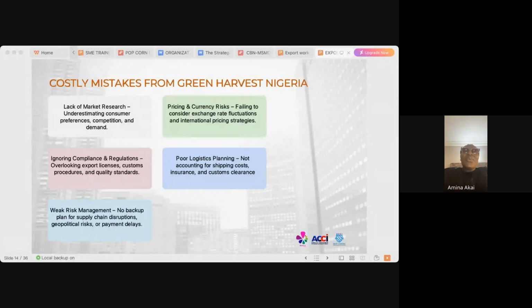He didn't research how he was supposed to harvest the mangoes, how he was supposed to pack them, how he was supposed to transport them, and what kind of airline or air freighting, how he was supposed to pack it up for air freighting. He didn't do all that. So by the time the mangoes got there, some were spoiled and there were worms in it. So these are the researches you need to do, and the compliance and everything that you need to get before you export. Poor logistics planning.